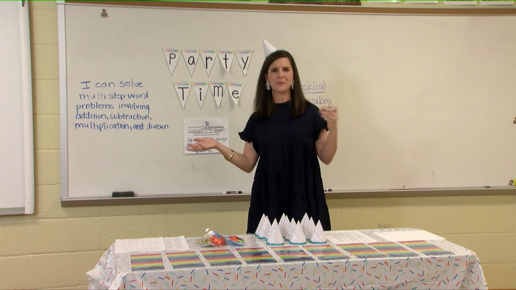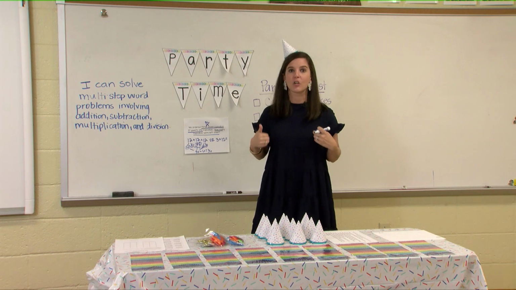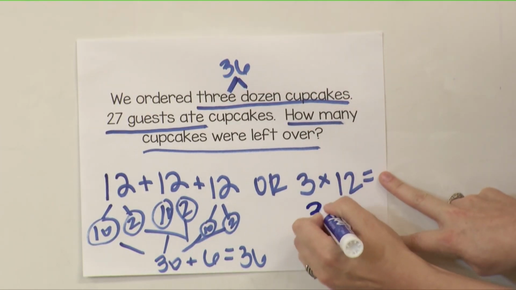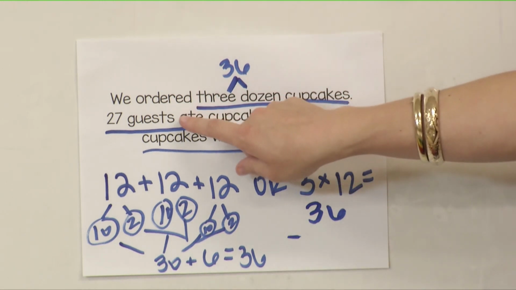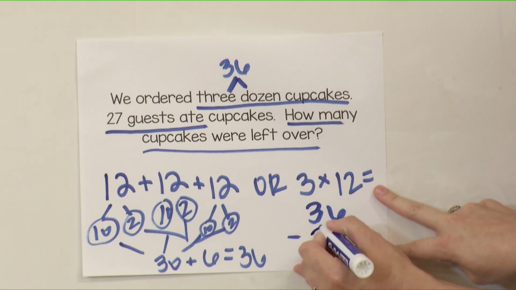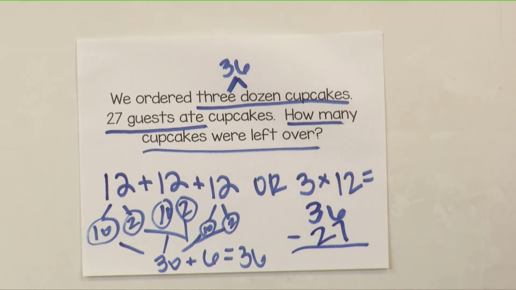Are we making groups? What are we doing? We're subtracting. They're being taken away, they're being eaten, they're gone. So we take our whole of 36 and we subtract the 27 cupcakes that we know were eaten, and then we will find out how many are left over. That will be the part that's left over.